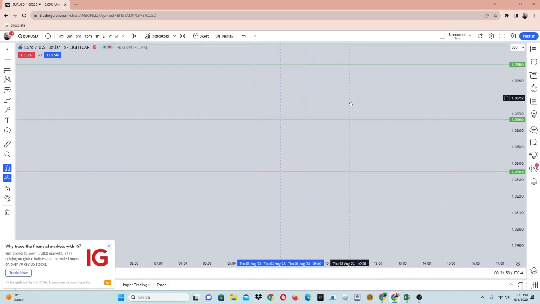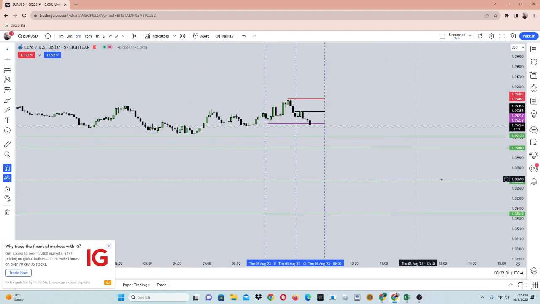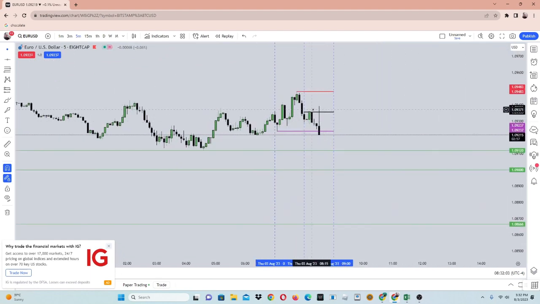Okay, so I have different levels. So now, as you can see, we swept liquidity.